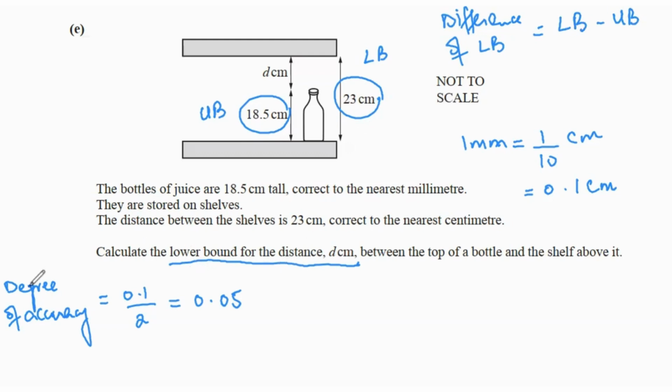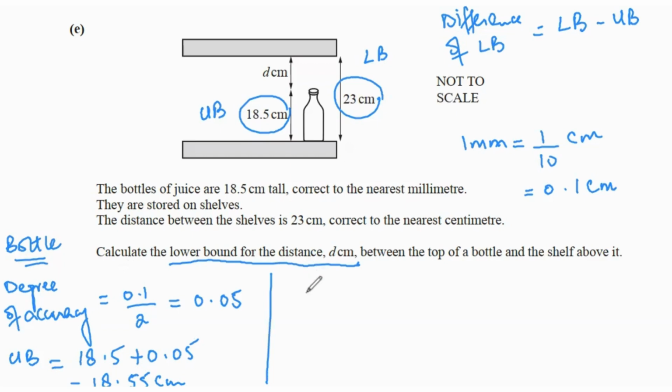So over here, this is your bottle. For the bottle, our upper bound is going to be 18.5 plus 0.05, which is 18.55 centimeters. Now we do the shelf.